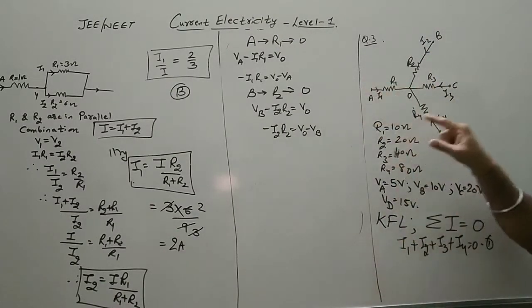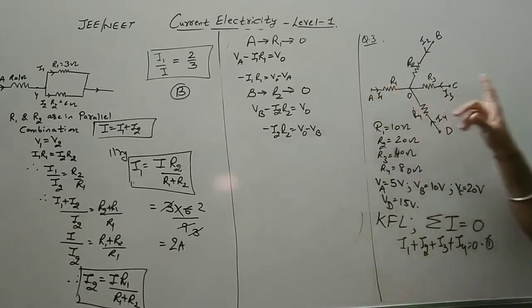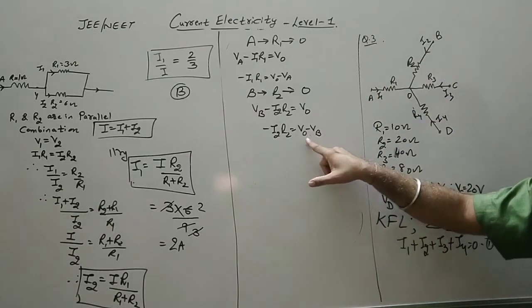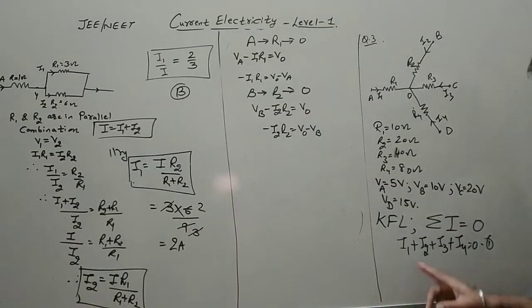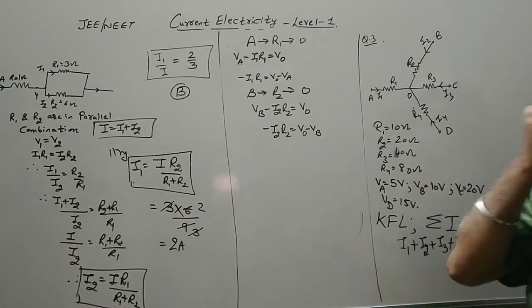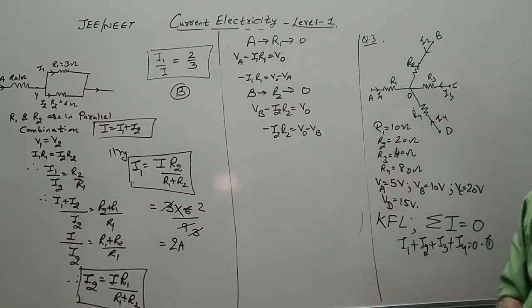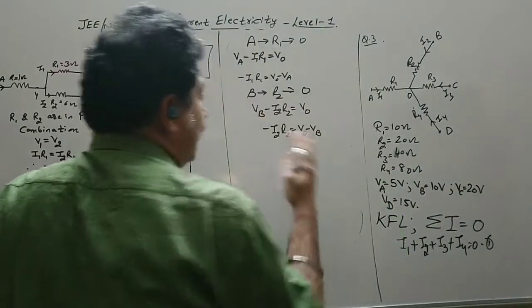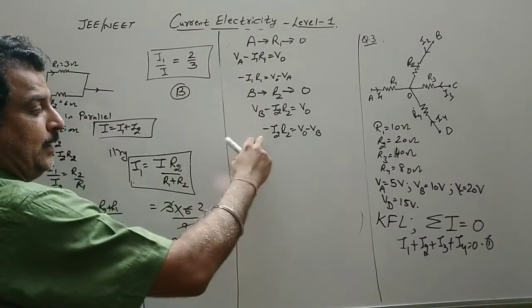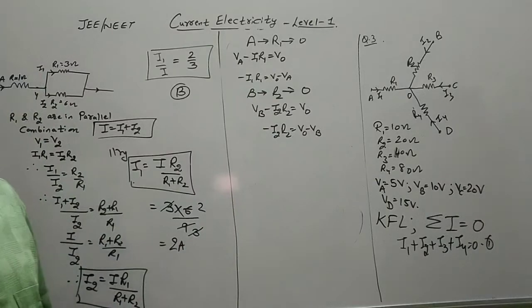Similarly, if you apply the Kirchhoff second law from C to O, you will get minus I3 R3 is equal to V0 minus VC. Now I know I1 plus I2 plus I3 plus I4 should be 0. So I can find out I1 from this point, I2 from this point. All the equations are identical, identical in the sense of the plus and minus sign.